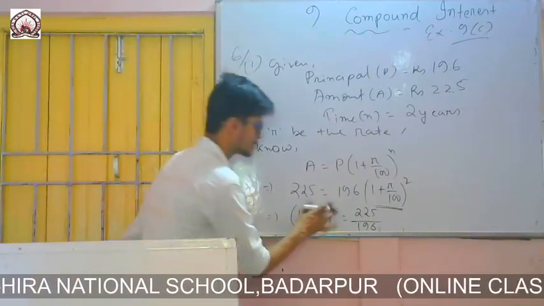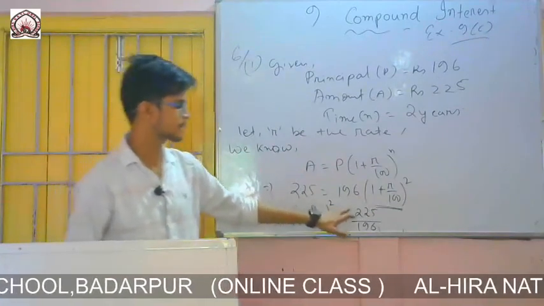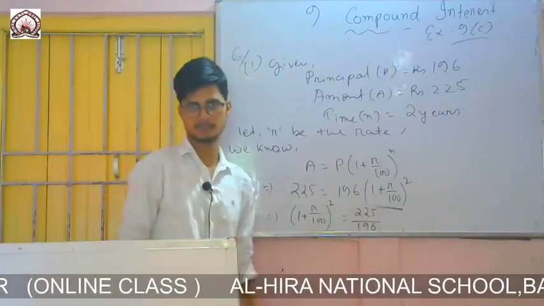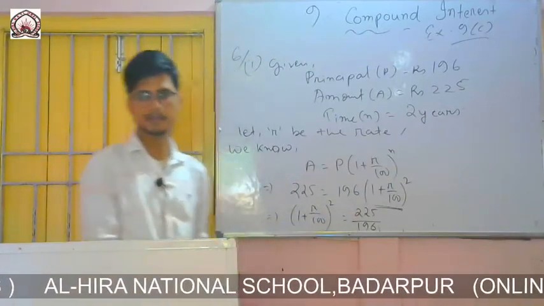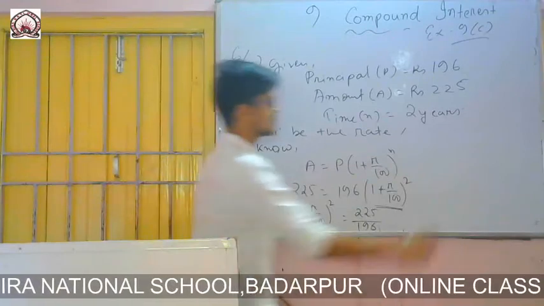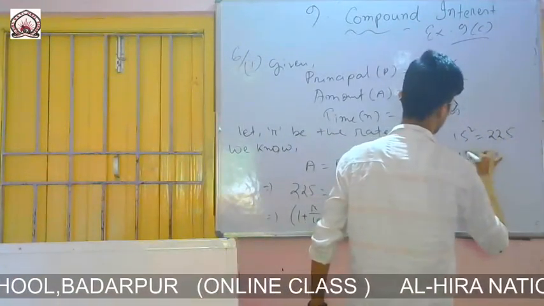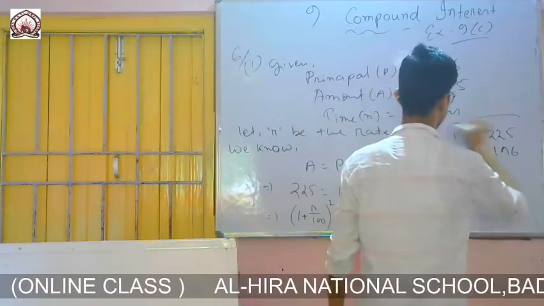You see one thing. Here it is given square. So we have to express this number in squares, then only I can cancel both the squares. So we know 225 is 15 square, the value of 15 square is 225, and 14 square is equal to 196. So you remember this one.